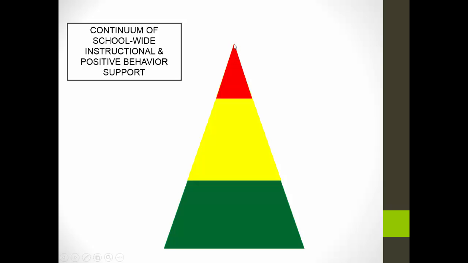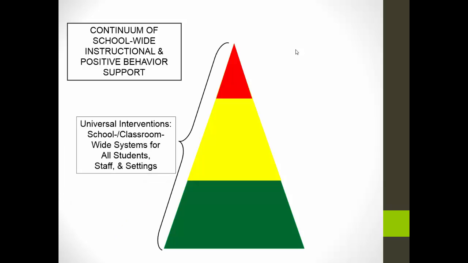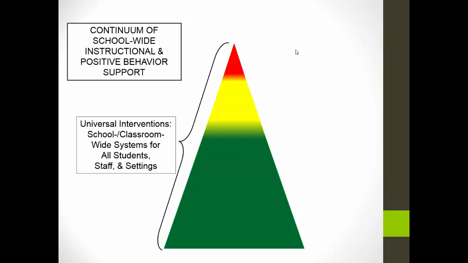It's really difficult to implement intensive individual behavior support plans in contexts that are chaotic and out of control. So we absolutely want to be focusing on, do we have a good strong Tier 1 system in place and a good strong Tier 2 system in place? Because if we have those things in place, now we've got a chance.